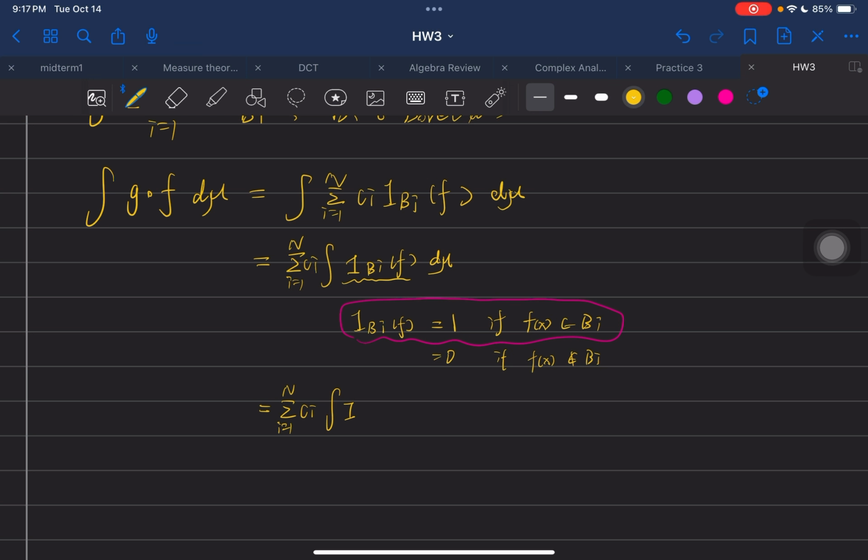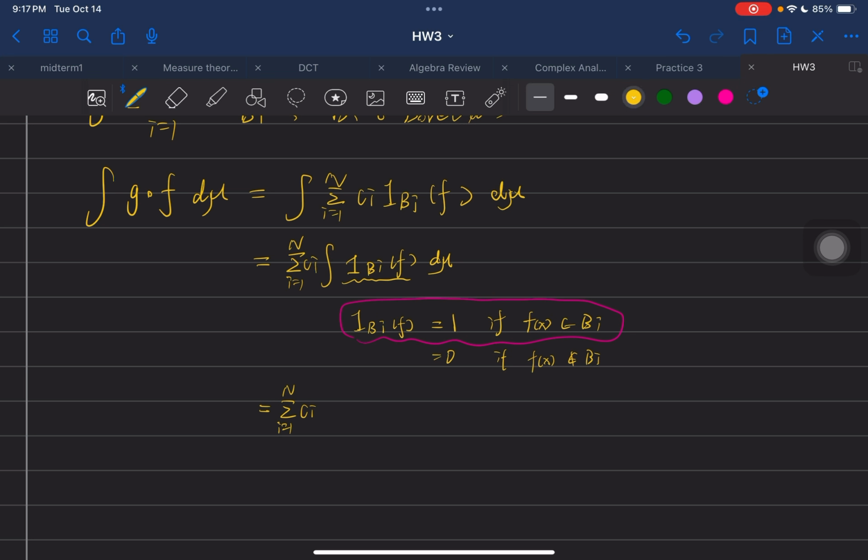And we also notice f(x) has to be in B_i, so the indicator functions would just be the measure of f inverse of B_i, because if it's not inside B_i, then the function value is 0, so we don't care about any values of 0. So we have that in mind.